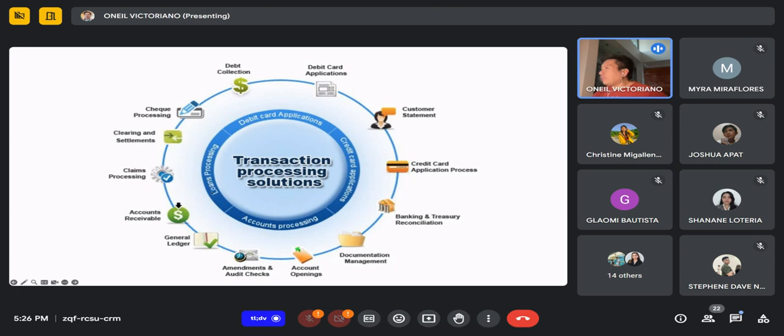And then looking into loans processing, claims processing, clearing statement, check processing, adding AR accounts receivables, and of course, account processing. So there would be a lot of TPS solutions for business use cases.